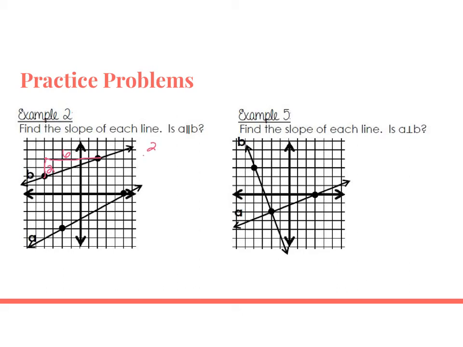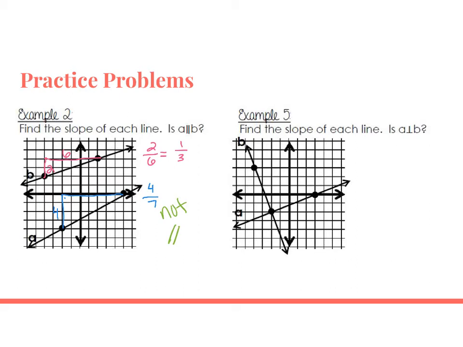So that's 2 over 6, which is 1/3. My other line, I'm going to come up 4 and over 1, 2, 3, 4, 5, 6, 7. So these are not parallel because they do not have the same slope.